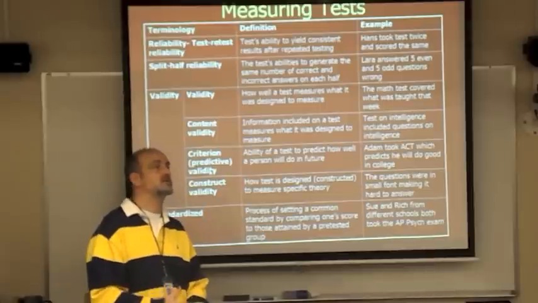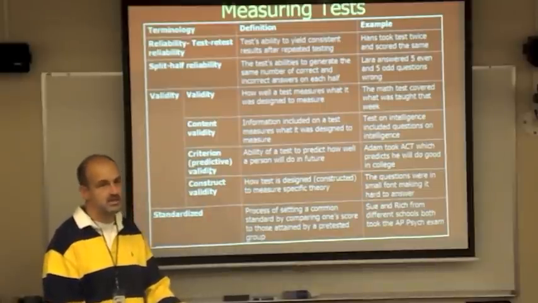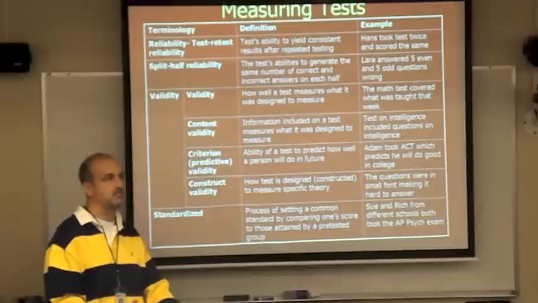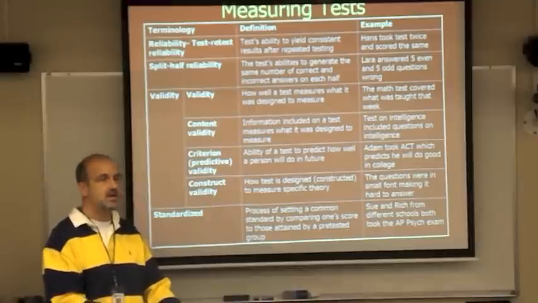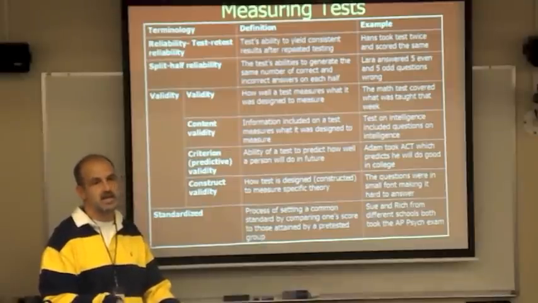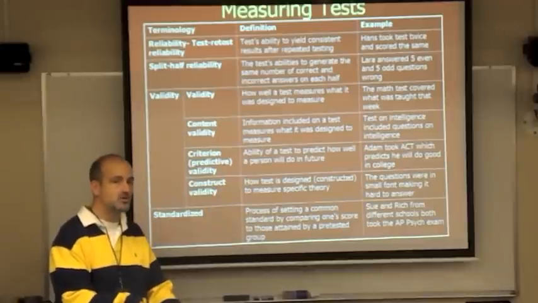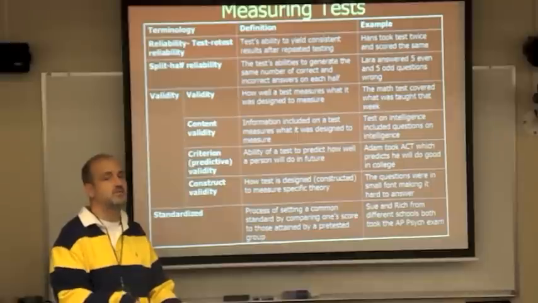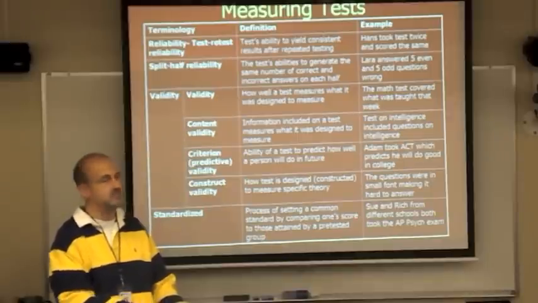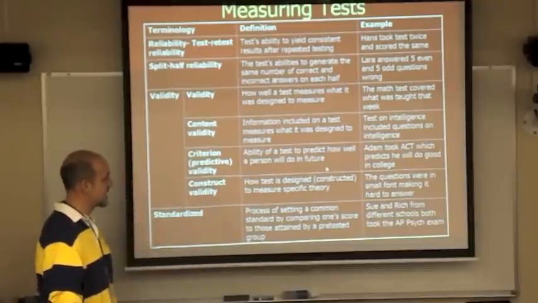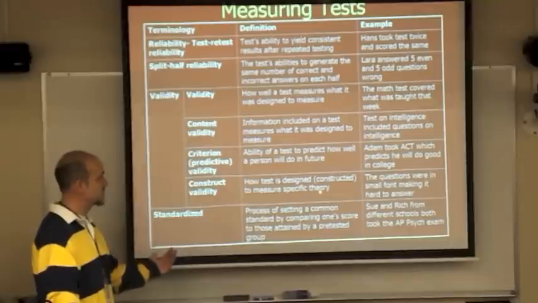If we're taking a test on biological psychology, and I put a few questions at the end that deal with cognitive psychology, how you score on those questions will give me an indication of how well you're going to know the cognitive material. Now, construct validity is how the test is designed, constructed, to measure a specific theory.